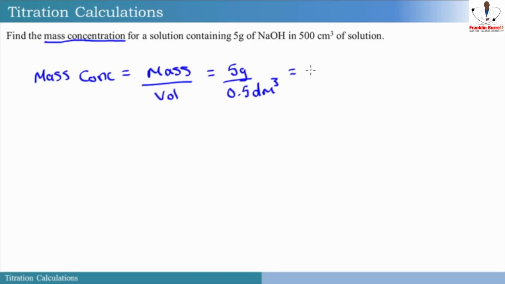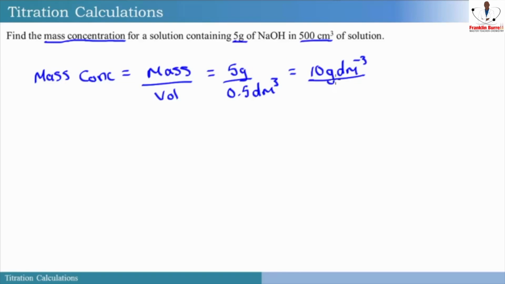And so 5 divided by 0.5 is equal to 10 grams per dm cube. So that is my mass concentration.